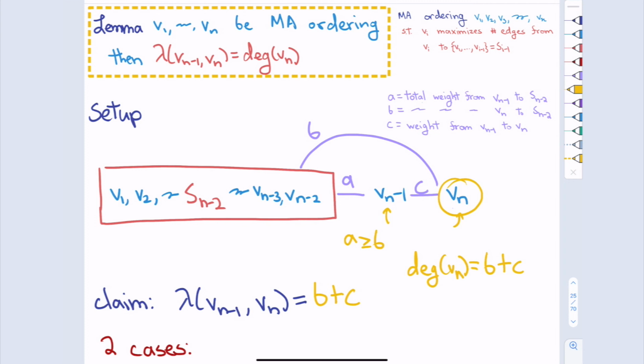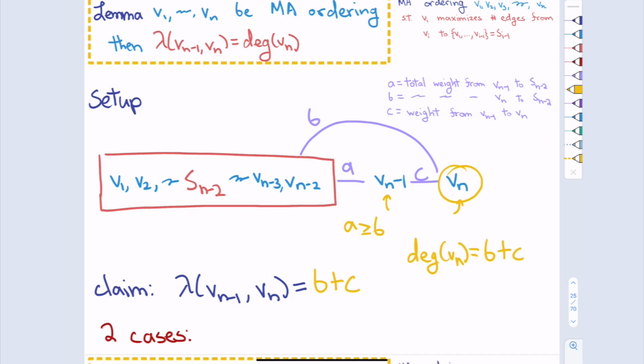I'm just establishing notation. We're going to break the analysis into 2 cases. The first case is when C is equal to 0, so there's no edge between the last 2 vertices. The other case is when there is an edge between the last 2 vertices.